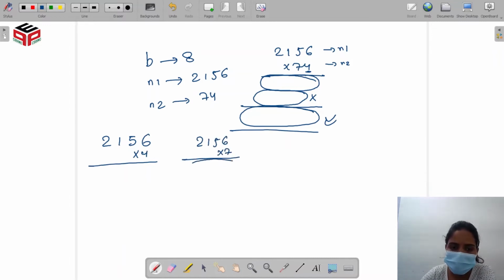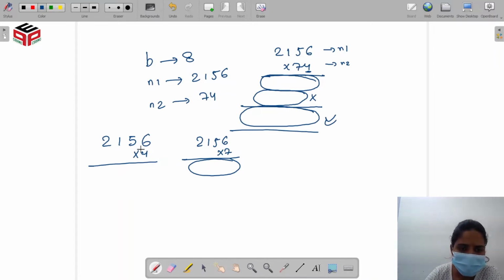Whatever results we get, I'm going to add these two and get the final result. I'm going to divide a complex multiplication problem into simple multiplication and addition problems. Hope you got the point.